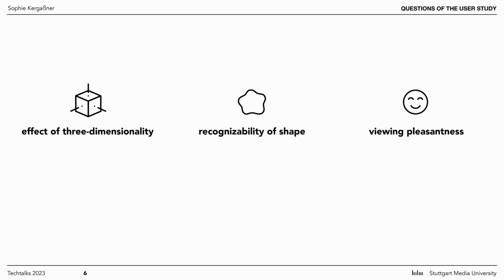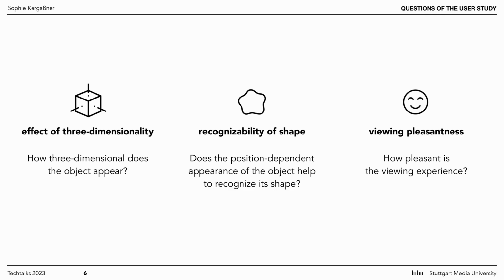Does the motion parallax help to recognize the object's shape? And does it even improve the viewing pleasantness, or is it disturbing or annoying? So with that said, the final questions we wanted to answer are: how three-dimensional does the object appear? Does the position-dependent appearance of the object help to recognize its shape? And how pleasant is the viewing experience overall?